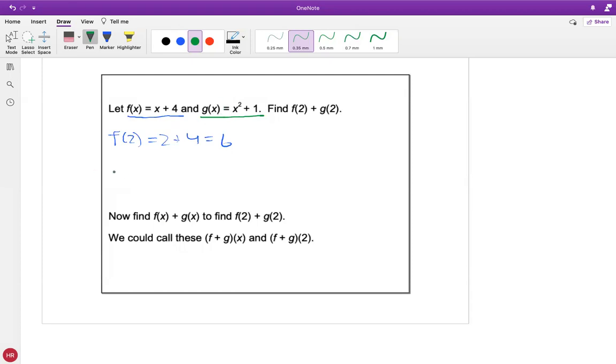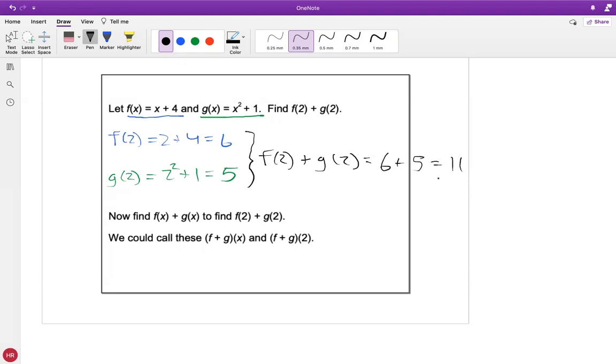So g of 2 is 2 squared plus 1, which is 5. And now the problem says to find f of 2 plus g of 2. So now I have all the information I need to do that. f of 2 is 6, and g of 2 is 5. That equals 11. So this is f of 2 plus g of 2.